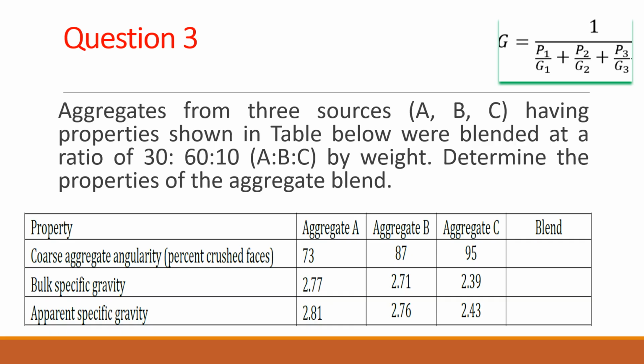We can use these numbers and calculate the angularity of the blend in the same way that you have done before. So can you please find me the angularity of the blend? 30% from A, 60% from B, and 10% from C. If you do the calculation in the same way, what do you get?